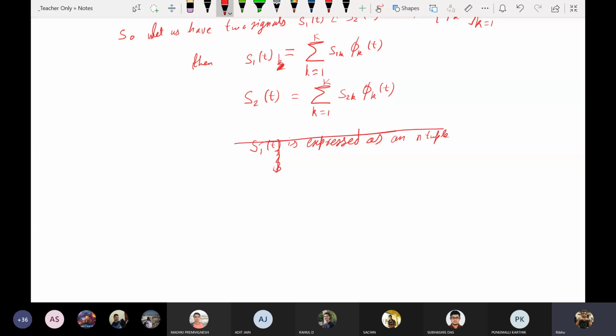Or rather, let me do it this way. The inner product of s_1(t) and s_2(t) equals the integral of s_1(t) s_2 conjugate(t) dt. Right?